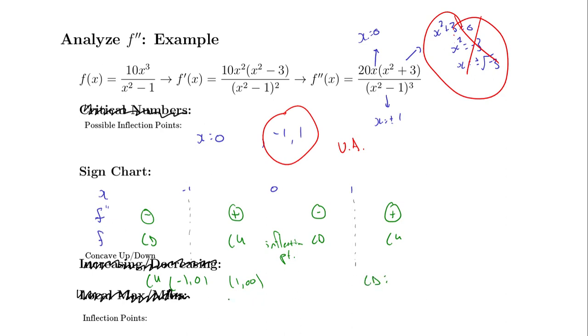And we're concave down on the interval from negative infinity to negative 1 and from 0 to 1. And our inflection point is 0, f of 0. And we can find the y value later, although I'm pretty sure it's the origin. Cool. So we've got all this information.